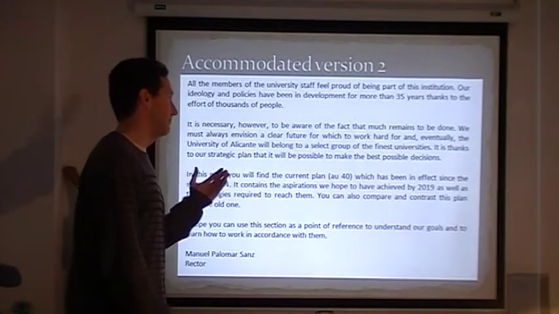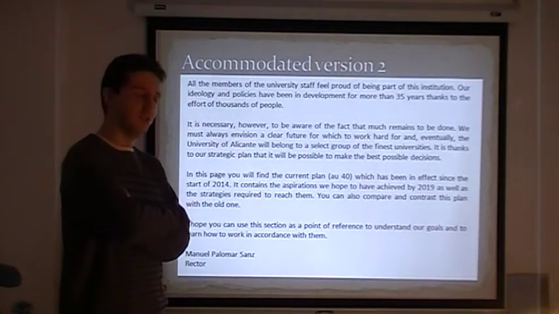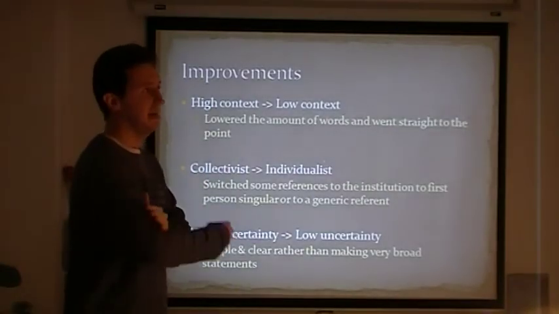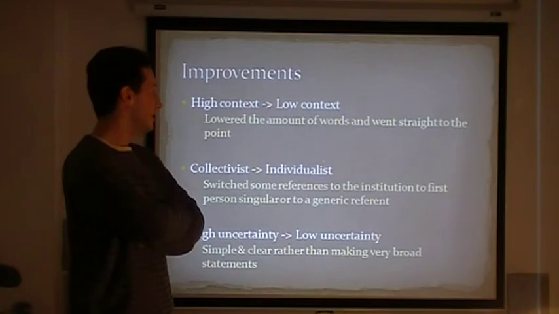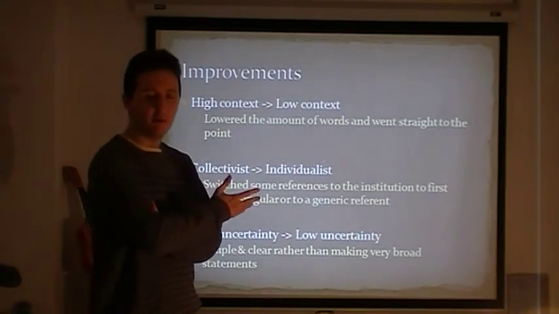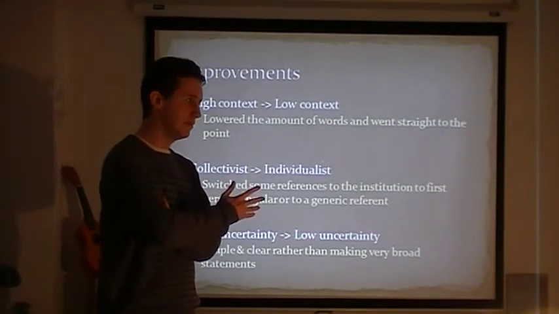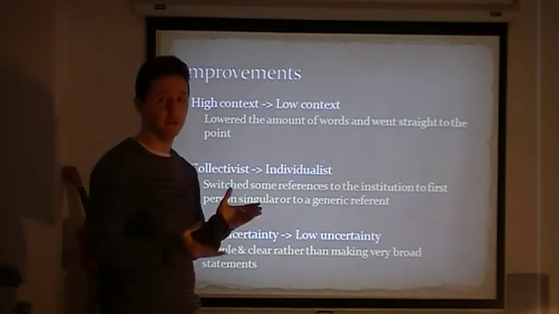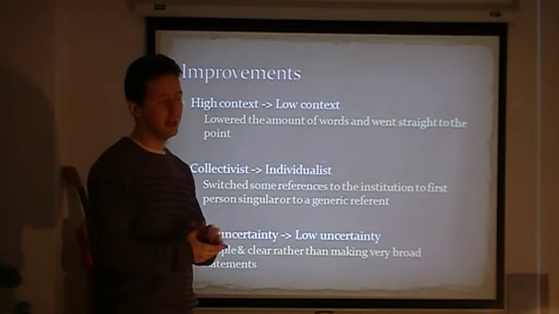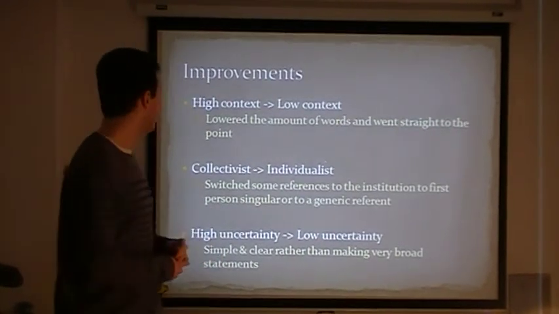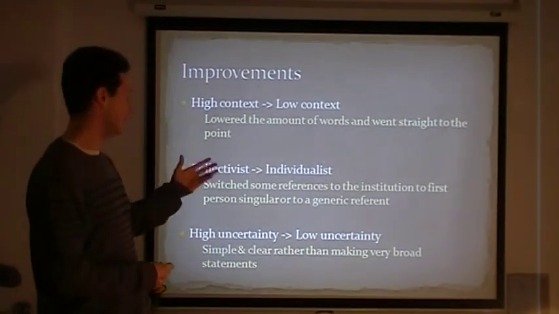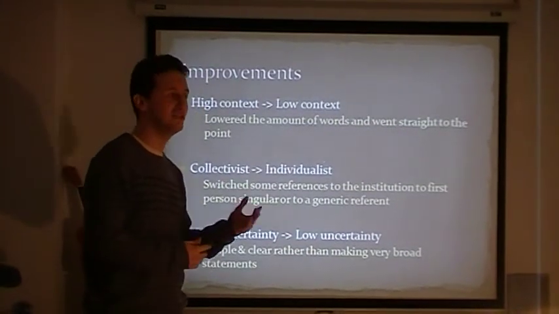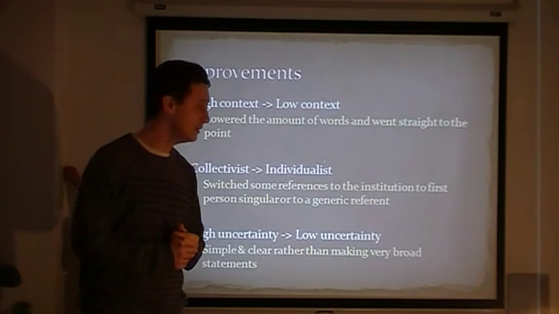Now here's the second text, which is the strategic planning, and essentially I went through the same dimensions, although in this one there wasn't the same problem between polychronic and monochronic, because it didn't talk about many things at the same time, so that wasn't a problem. However, the other 3 dimensions were a problem. Once again, in terms of context, I carried out the same ideology of lowering the amount of words.